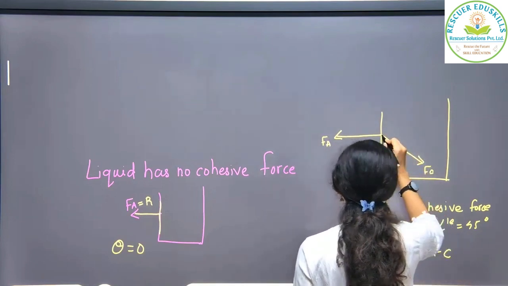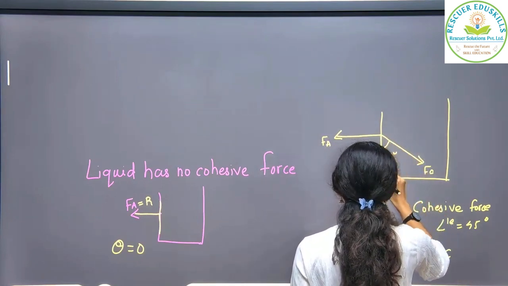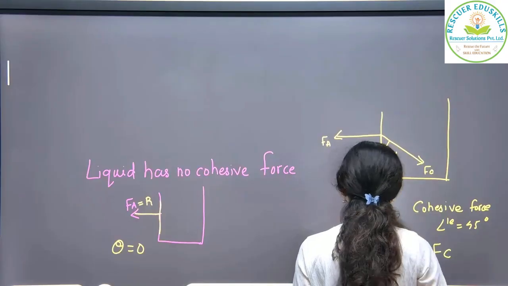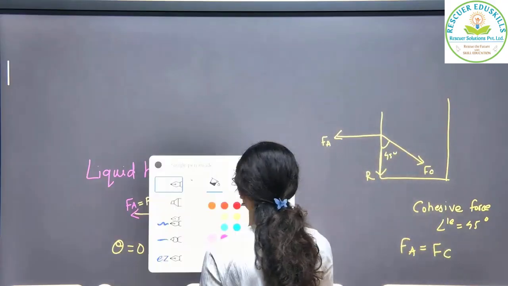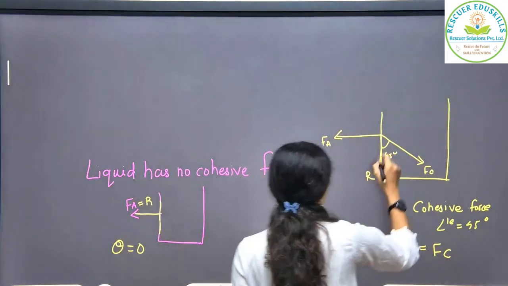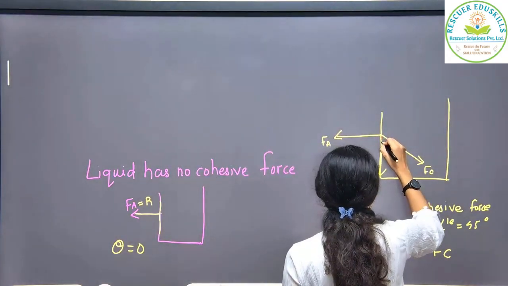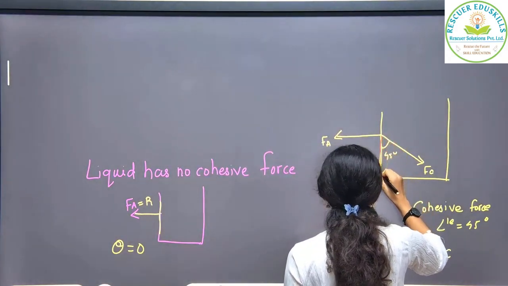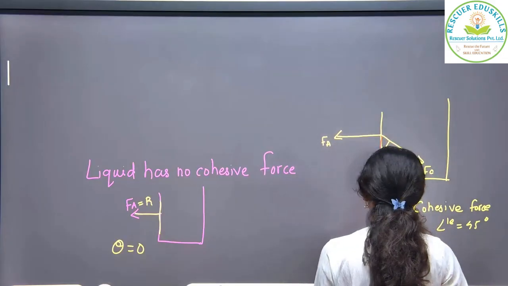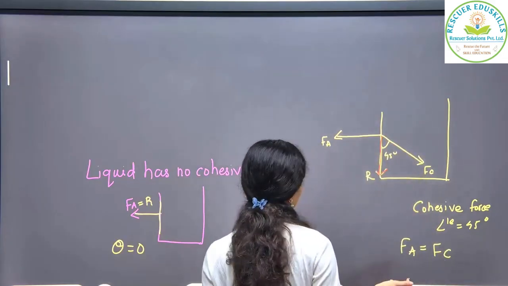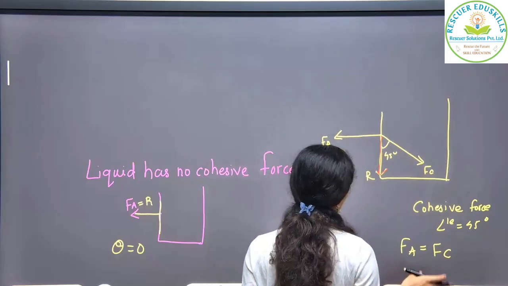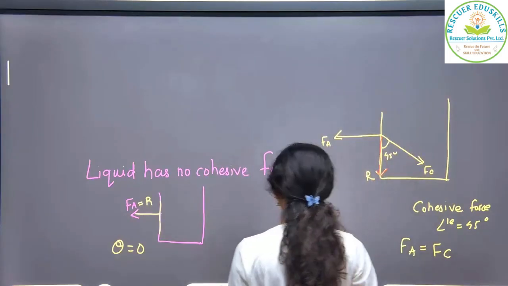Then this will be the resultant. We'll draw it with another pen, since this color is not visible. Now we are going to consider this separately.